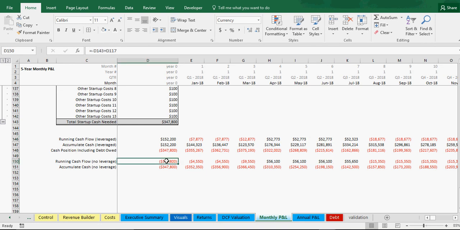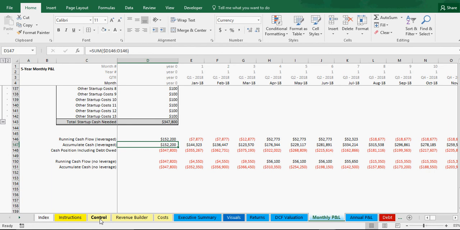But then at the start, you can see we're starting at a positive here, 152,000. Here we're still negative 347, because here we have actually borrowed more than our startup costs. So startup costs 347. We've borrowed 500 now.